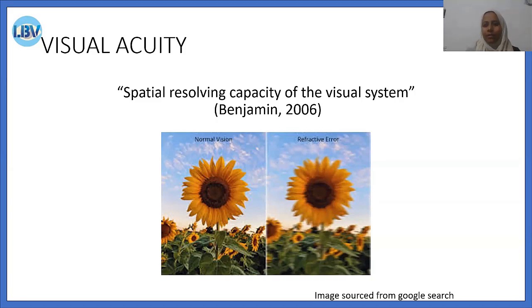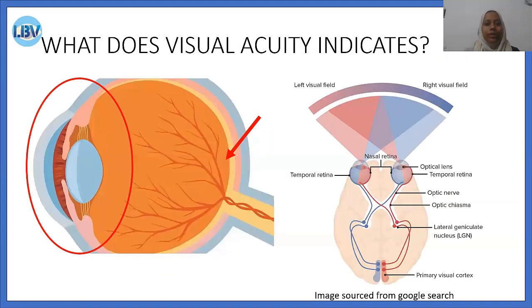So what does this visual acuity tell? This 6 by 60, or 20 by 20, what does it tell you? The values that we get in visual acuity tell you about the refractive status of the eye. How is the cornea? How is the lens? How is the aqueous humor?